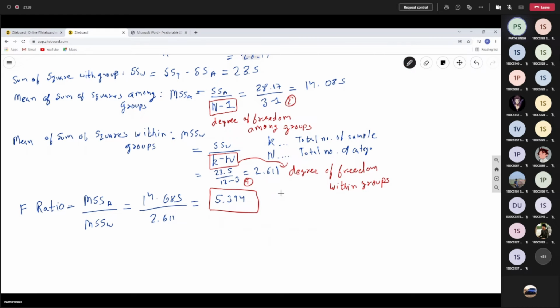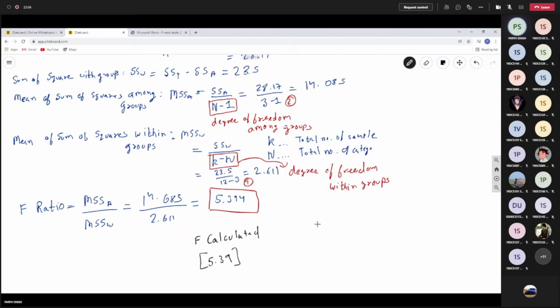Our F ratio, the F calculated, is typically 5.39. Okay, this is F calculated.